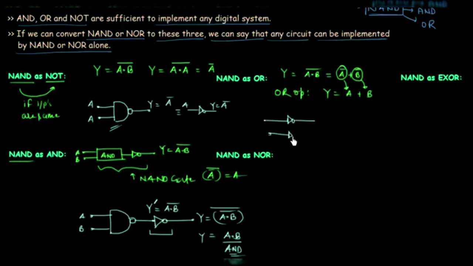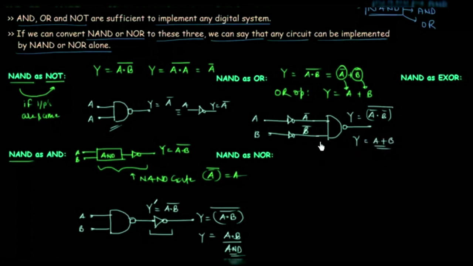We will complement the 2 inputs first, A, B. So we have A complement, B complement, and then we will feed them to the NAND gate. So the output Y is equal to (A complement and B complement) whole complement. By using De Morgan's law, Y is equal to A or B, which is OR operation.